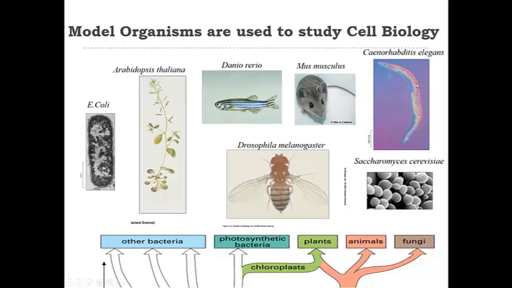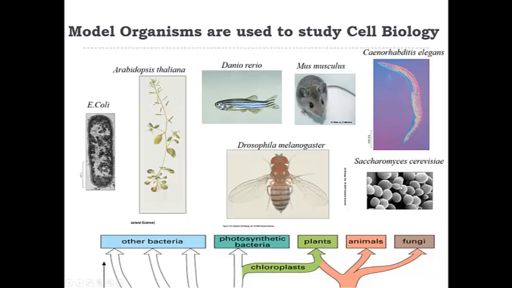Caenorhabditis elegans is also a type of parasitic roundworm or nematode that has very specific, exactly 959 cells in it. And so we can understand development by looking at the development of this worm, multicellular development, because this is a very simple multicellular organism.